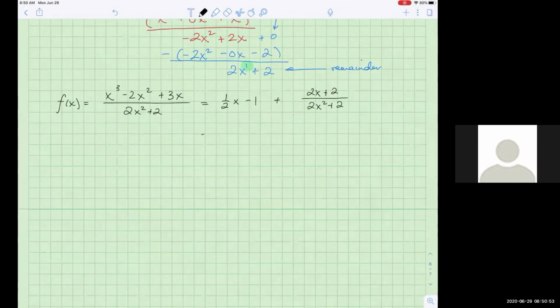And I can clean that up just a little bit. This is 1/2 x minus 1. And if I factor a 2 out of the top and bottom, I'll get x plus 1 over x squared plus 1. So this is my alternate form of f of x.